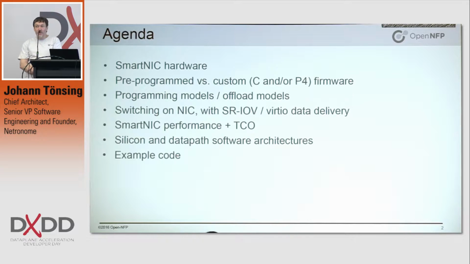We'll start to peel the onion further into the actual software architectures and the silicon architectures and look at a bit of example code. I'm not going to go too far into the actual tools and coding, etc., because that's up to you. In the labs later today, you are going to write the software for SmartNICs.